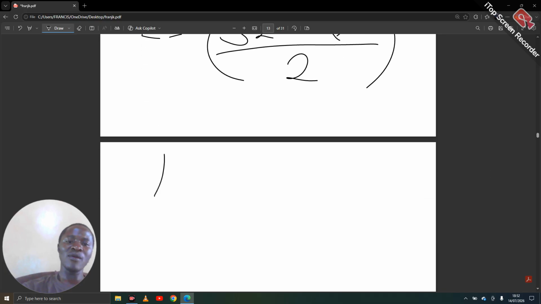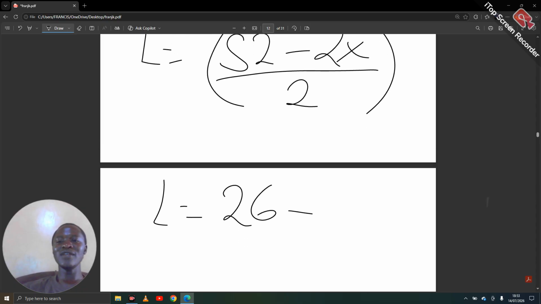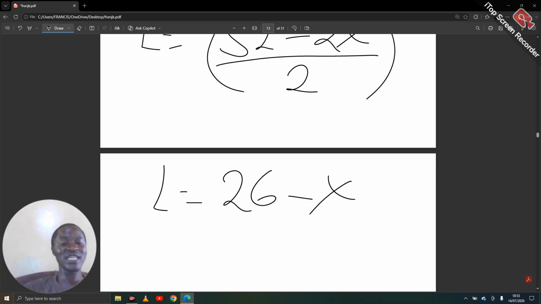So the length is 52 divided by 2, that is 26, minus 2x divided by 2, that is x. So that is our length, 26 minus x.